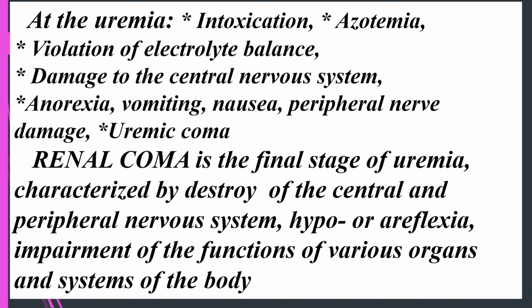What does it mean, renal coma? Renal coma is the final stage of uremia, characterized by destruction of the central and peripheral nervous system, hypo- or areflexia, disorders of function of several organs and systems of the body.